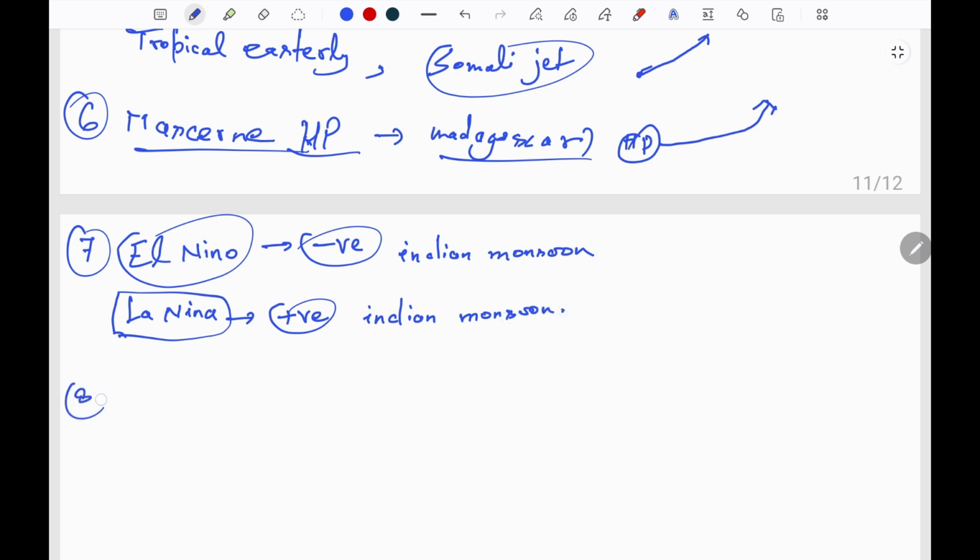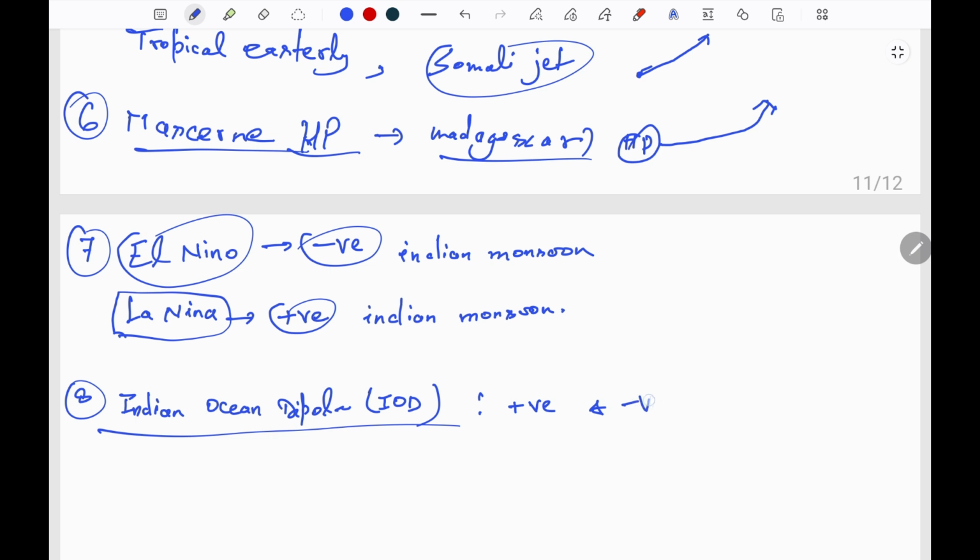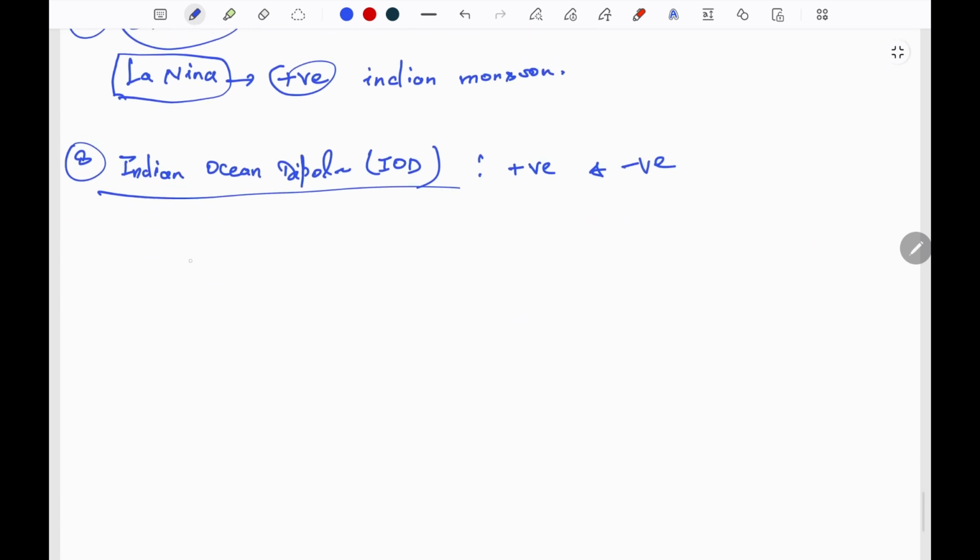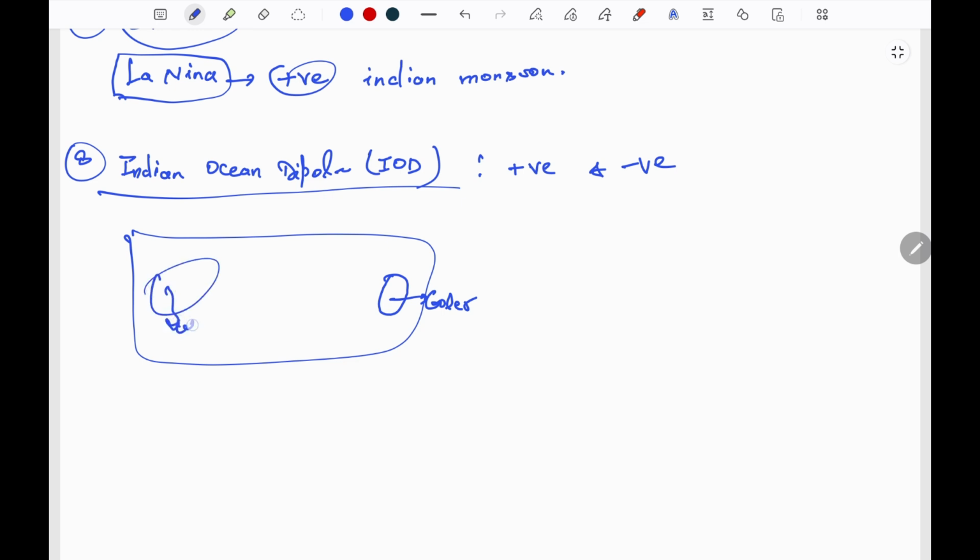Another thing is the Indian Ocean Dipole, that is IOD. It also has two phases, positive and negative. What is the positive phase? This is the Indian Ocean, and the eastern side of the Indian Ocean is cooler and the western side is warmer.